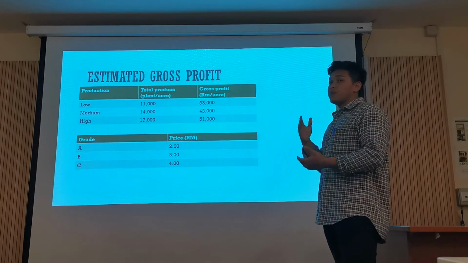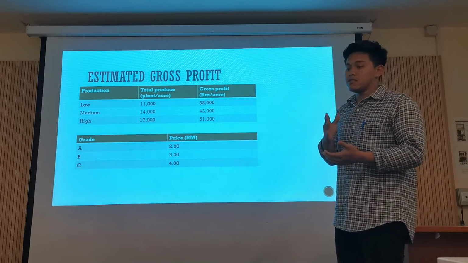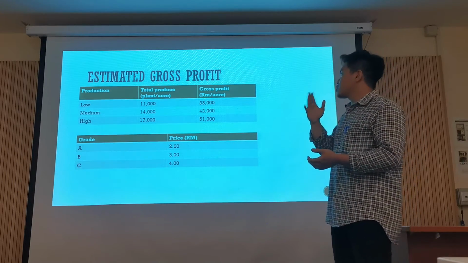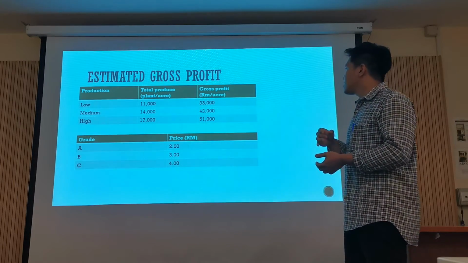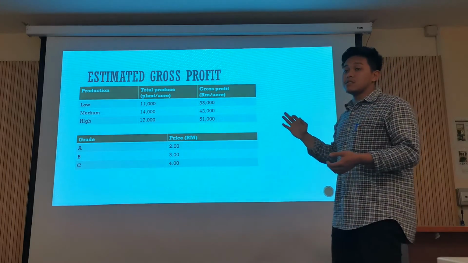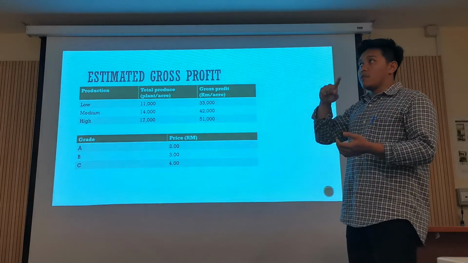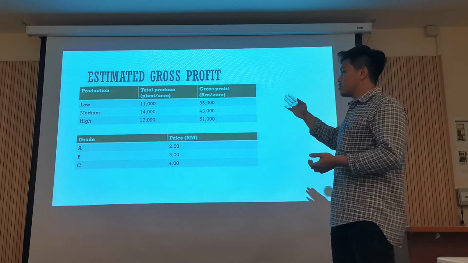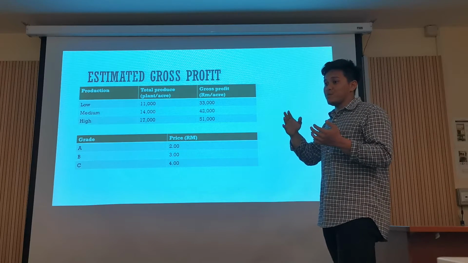When production is low, it is estimated to produce about 11,000 plants per acre, and the gross profit is RM 33,000 per acre. I take the average prices for the grade commonly used for MD2.